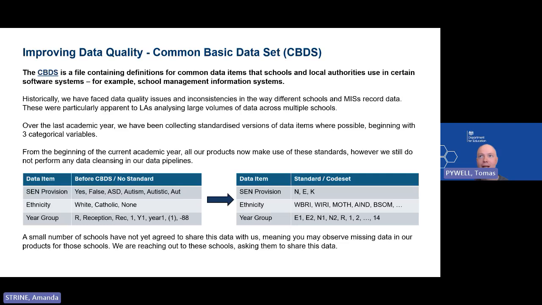So we're not actually cleansing or changing any data we do receive, but now we have standards to point to. So you may still see invalid data in our products, and you may also still see missing data in our products. There are still a small number of schools yet to agree to share this CBDS compliant data with us. And we are reaching out to them and asking them to accept the permissions and share this data with us.